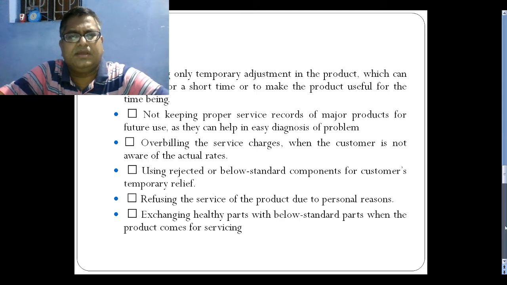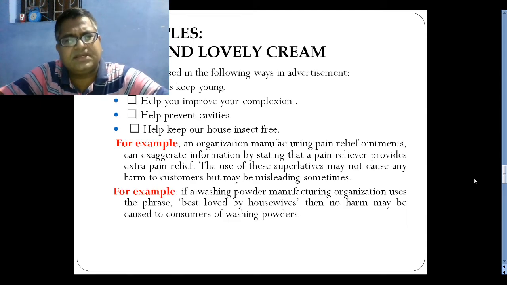My dear students, take for example a fair and lovely cream. You see, the advertisement says that it keeps you young, it improves your complexion, it prevents blemishes. These are some of the examples. Another example is manufacturing a pain relief ointment.